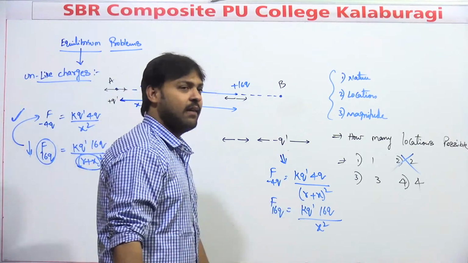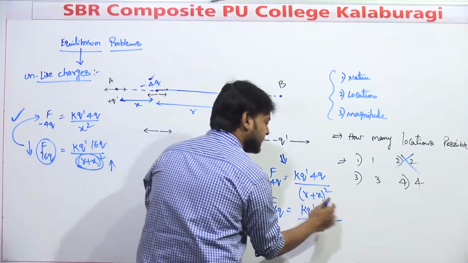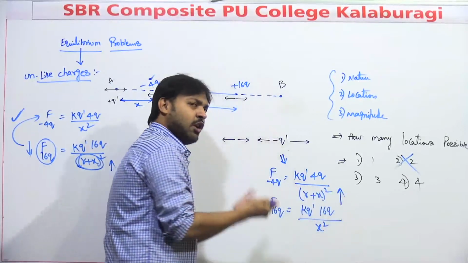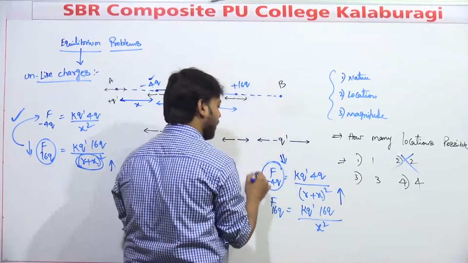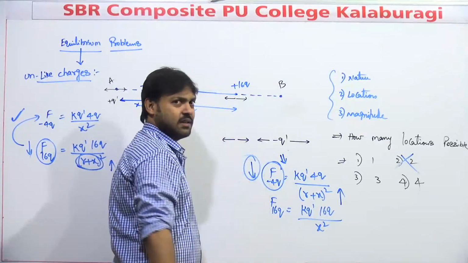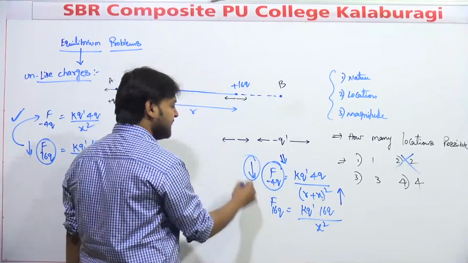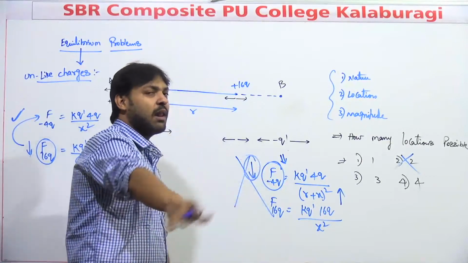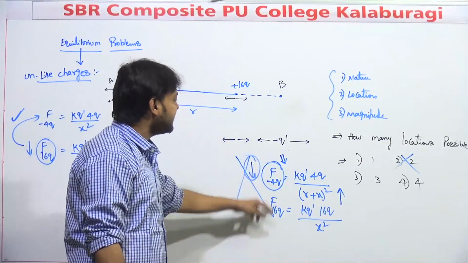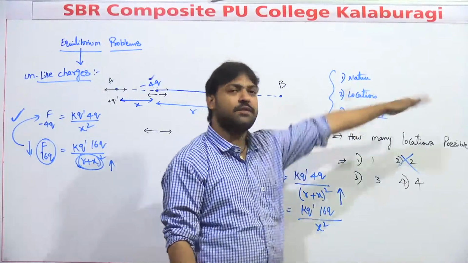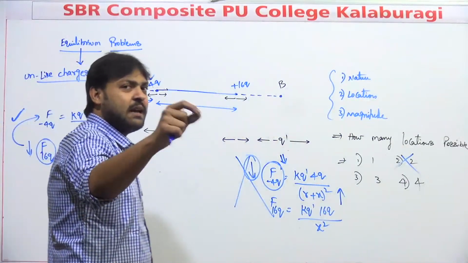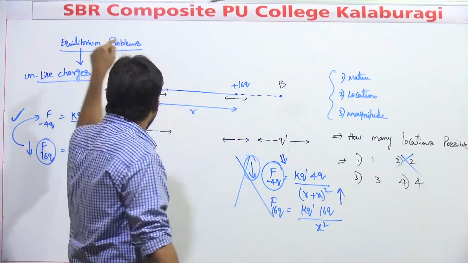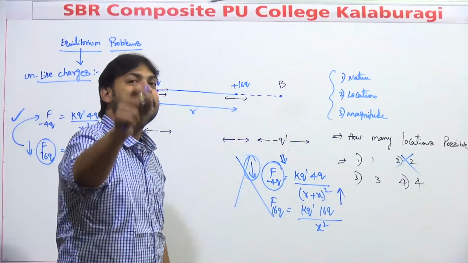But here, the 4q distance is more and the magnitude is already less, so the force is only less. If I take still more distance, this force will decrease compared to this. These two forces will never be equal, whatever the distance you go. But if you go this side, then at a point these two forces on point A will be the same.